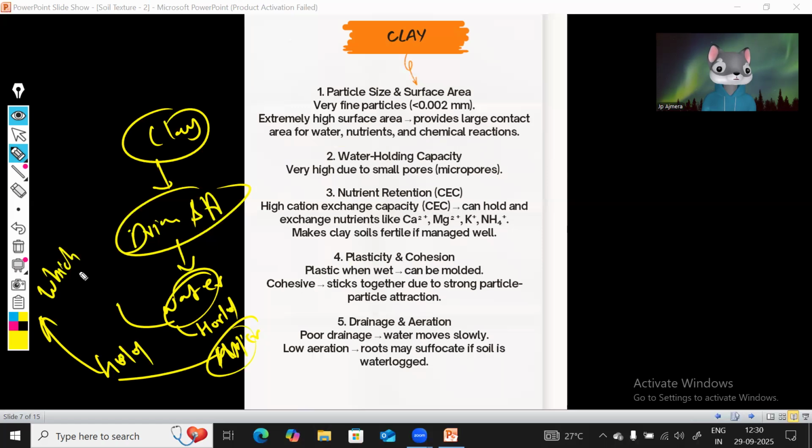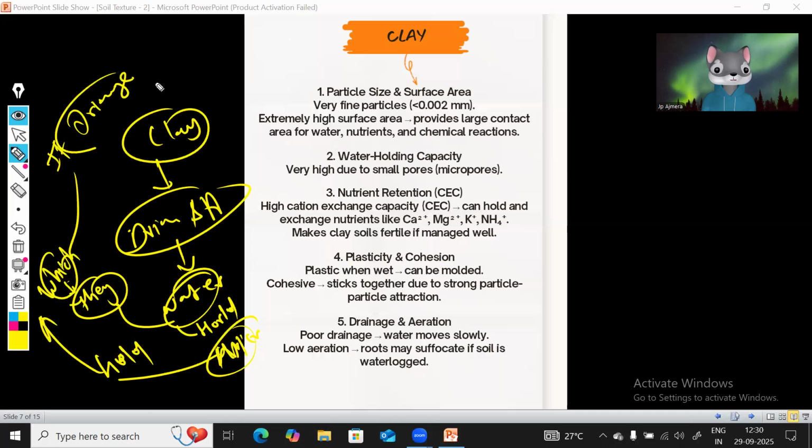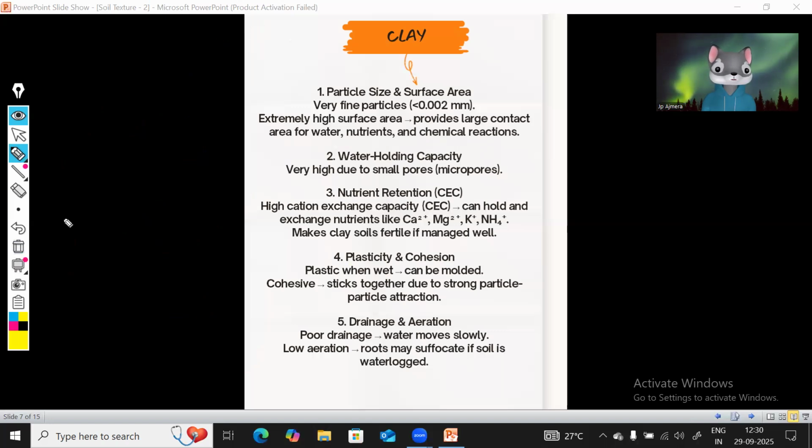The water doesn't want to go through them. They just hold the water, and so drainage is poor. That's the reason: there is high cohesion and high adhesion, so they hold the water for a longer time.